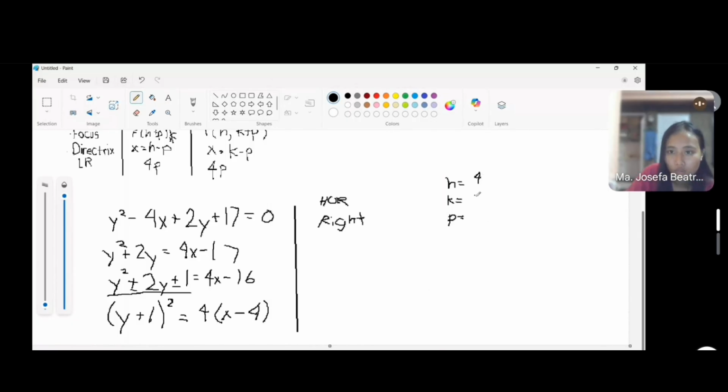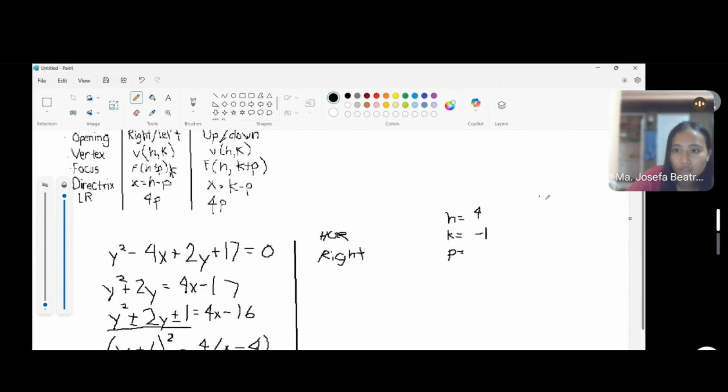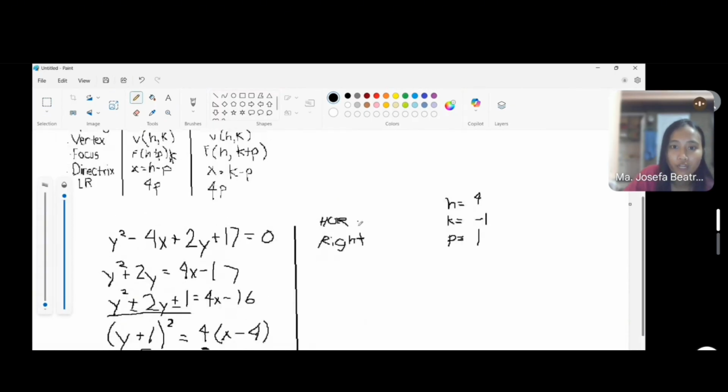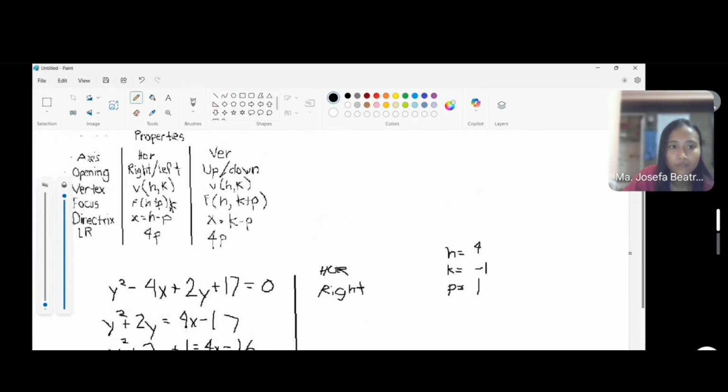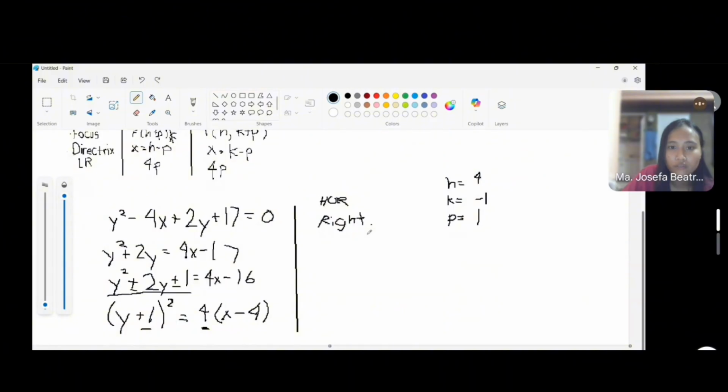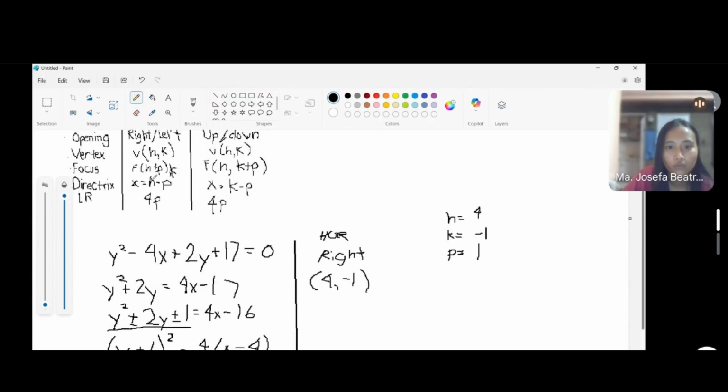Let's switch their signs. And then our k, that would be negative 1. And then our p is 1. So now we'll be able to identify the other properties. Our vertex is h comma k, so V (4, -1).